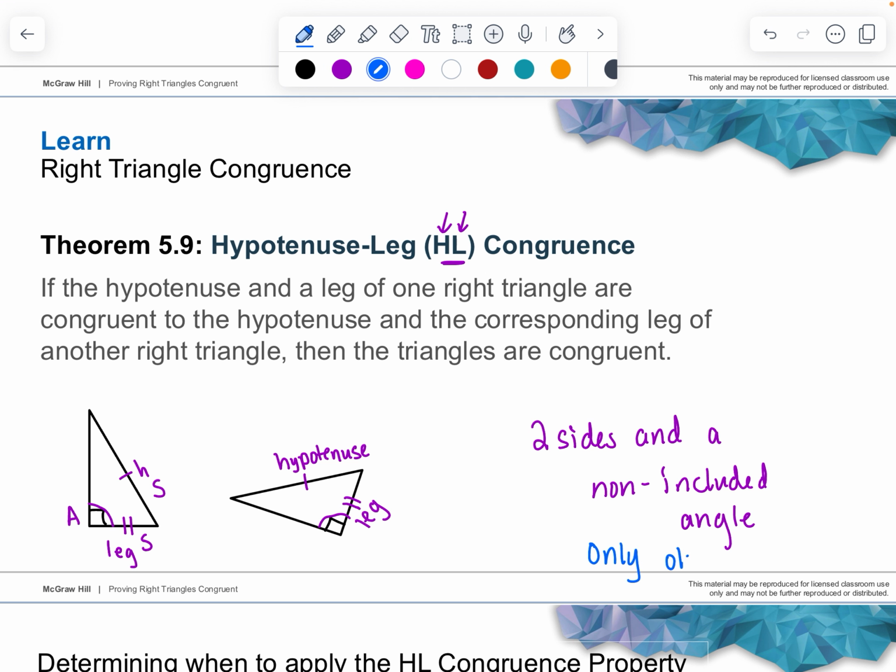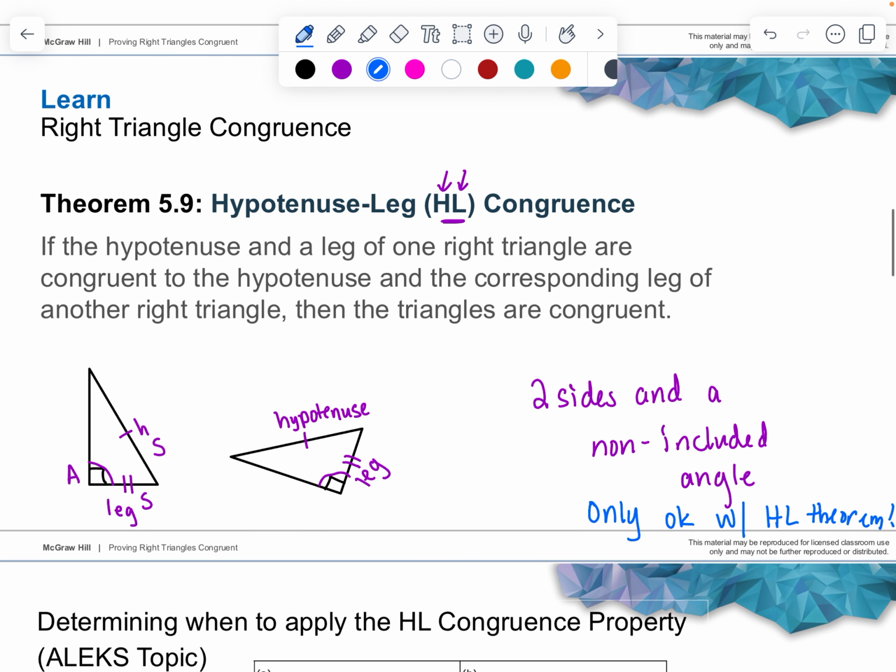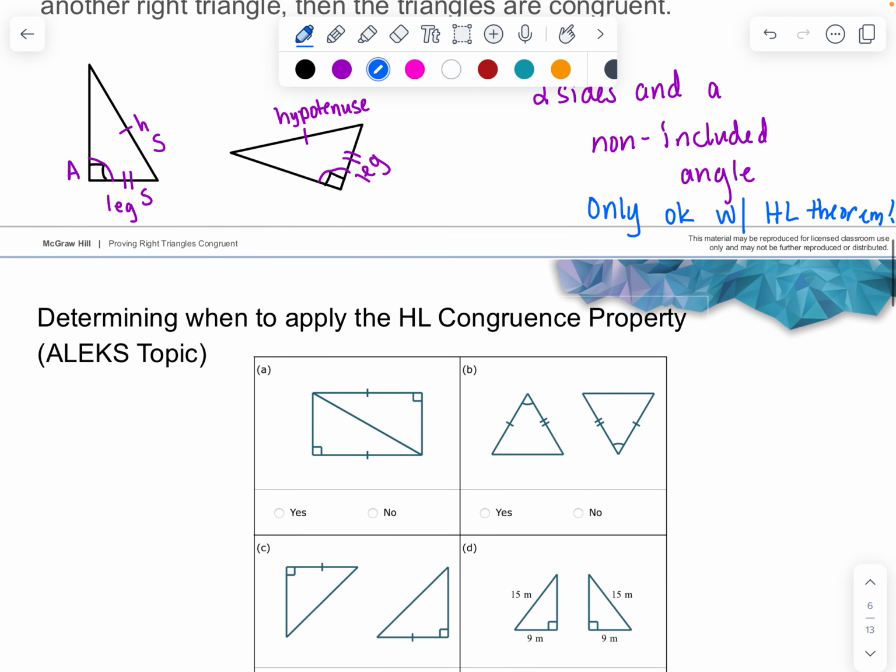Only okay with the HL theorem. We're going to make a much bigger deal about this when it comes to the law of sines and law of cosines. When we get to that stage, you're going to find out why. But for now, I want to point out that if you have an A, S, and an S, that's bad. Now that you're done laughing about that, we don't do that. No 2 sides and a non-included angle.